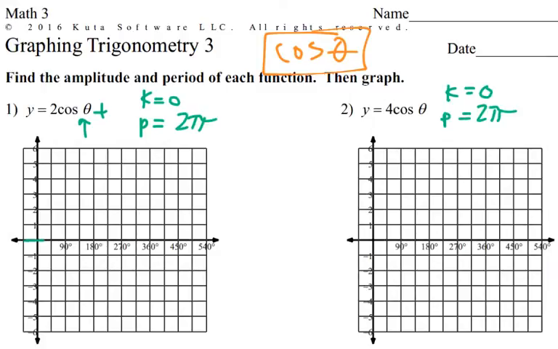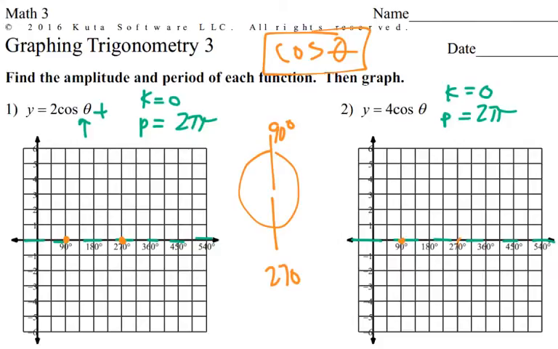Okay, so I know my midline is here. Midline is here. Okay, now what I know is that on that midline is my 90 degree, or pi halves, and my 270 degree, if this was a unit circle. So I know at 90 and at 270, I have those points on the midline.